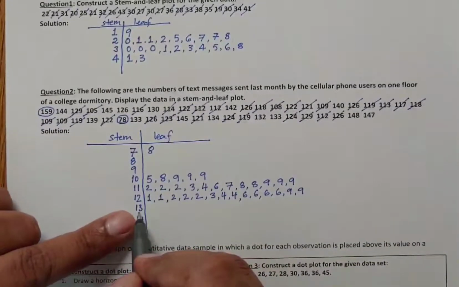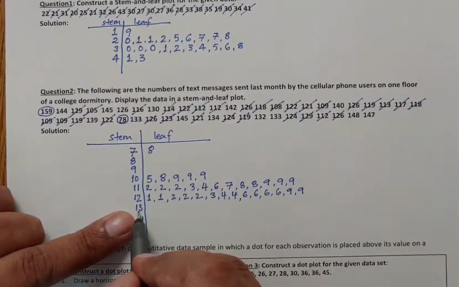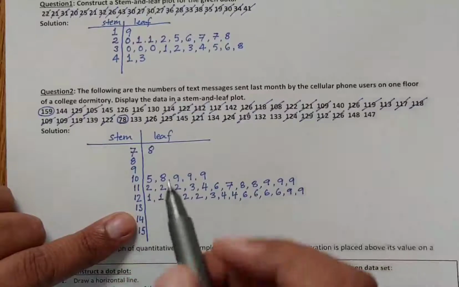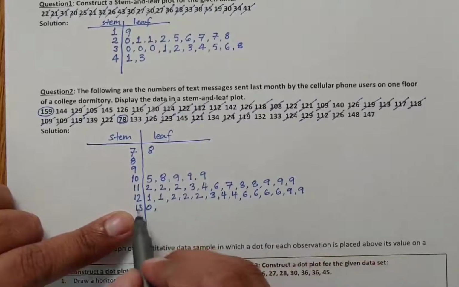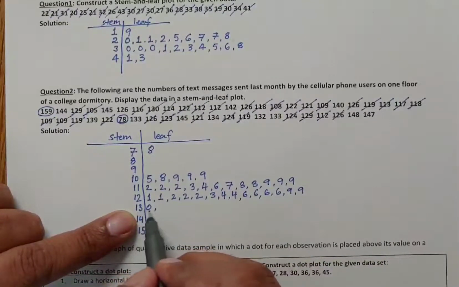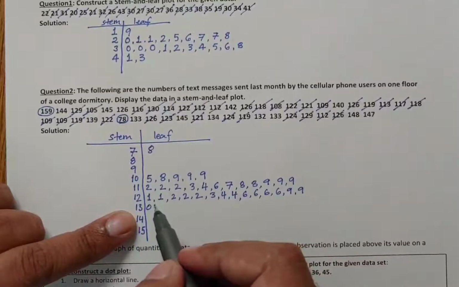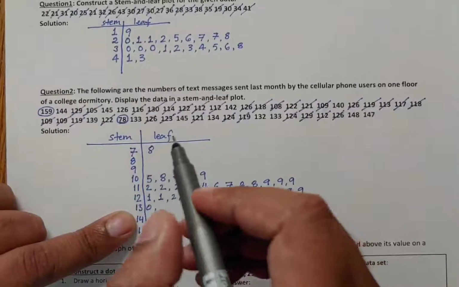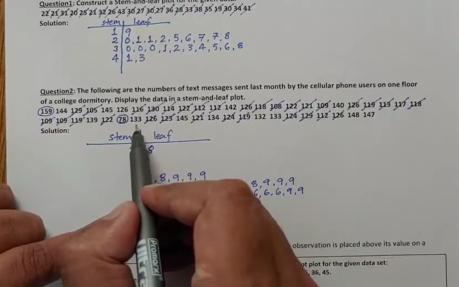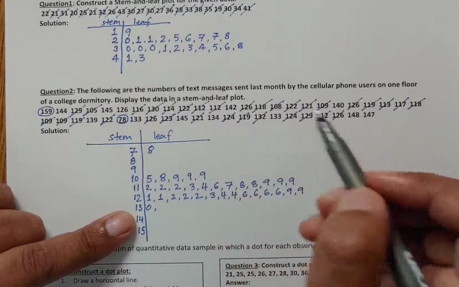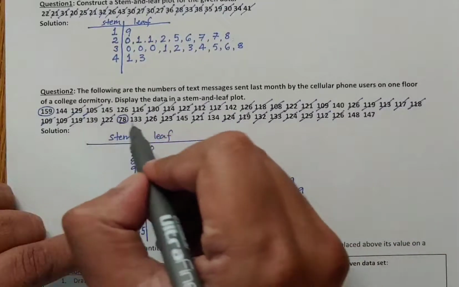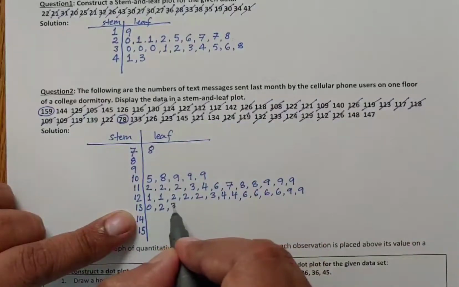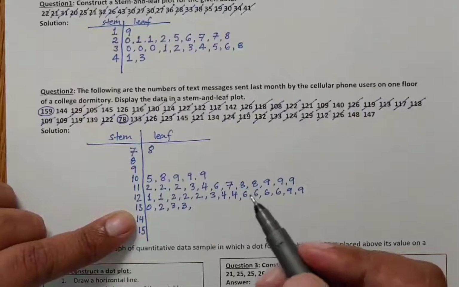Now 130 to 139 goes into this place. So let's see, we have 130, we don't have 130, oh, we have 130. Now 132, we have 132, and we have 133, 133, okay.